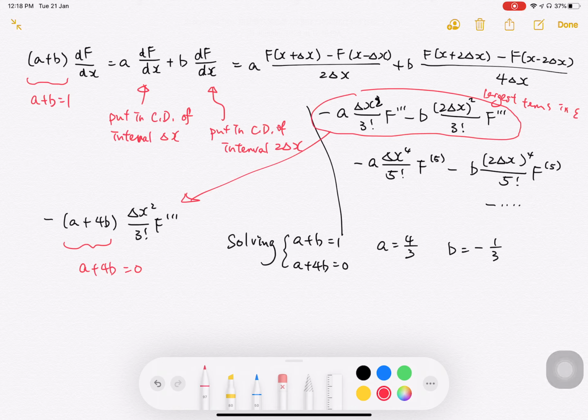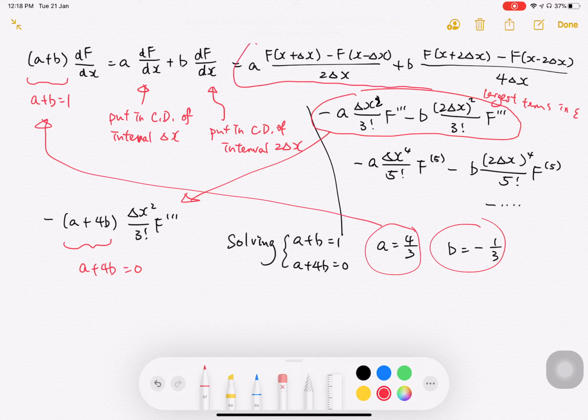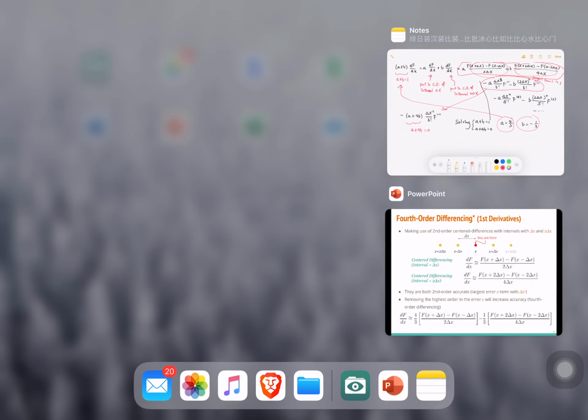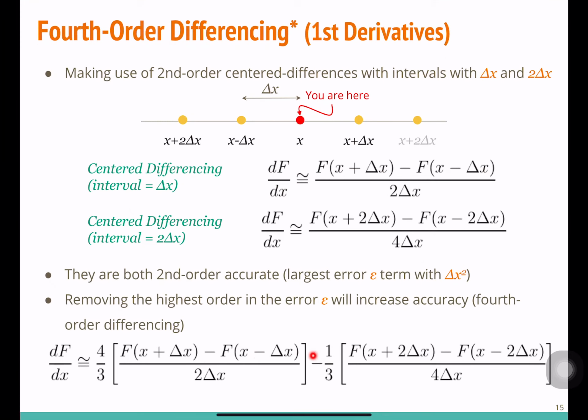So if we substitute these back into this equation, you know how to express your first derivative with the center difference with delta x, and the center difference with 2 delta x. Okay, so this is how we arrive at this expression, the 4th order differencing for the first derivative.